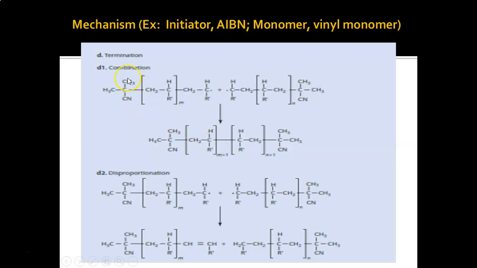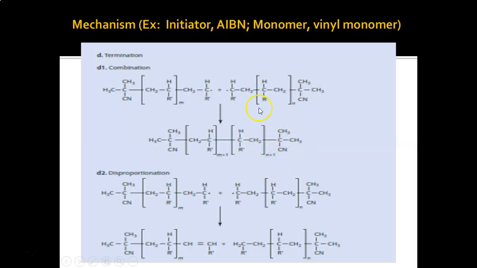During termination by combination, the propagating chain meets another propagating species, and both active sites combine to produce a terminated polymer with the AIBN structure at each end group.